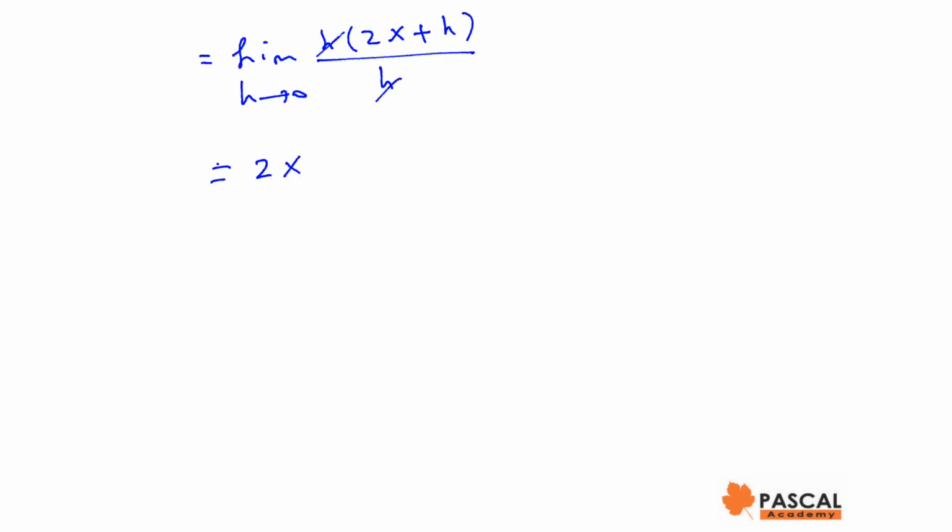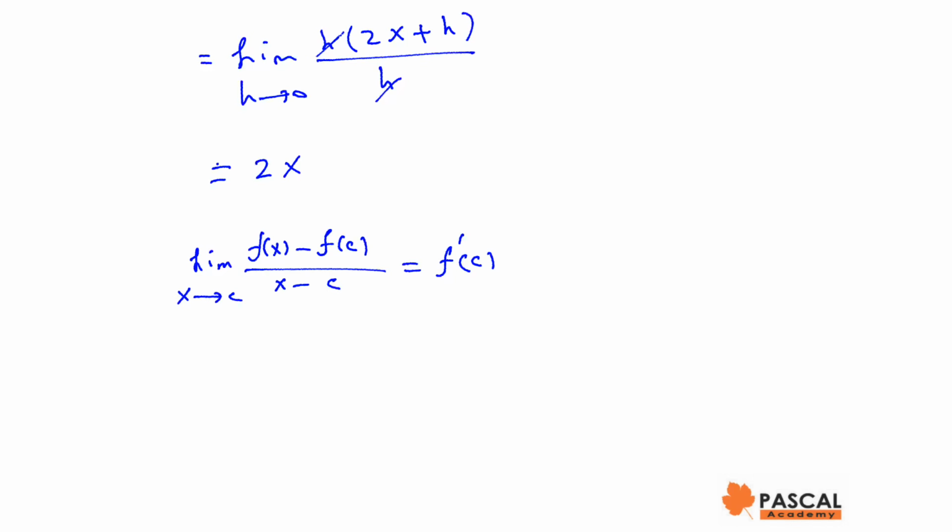Let's recap what we've done. The limit of f of x minus f of c divided by x minus c as x approaches c is called the derivative of f of x at x equals c.